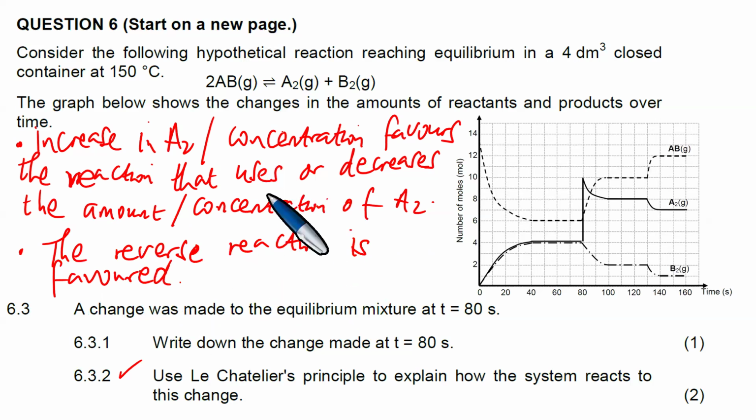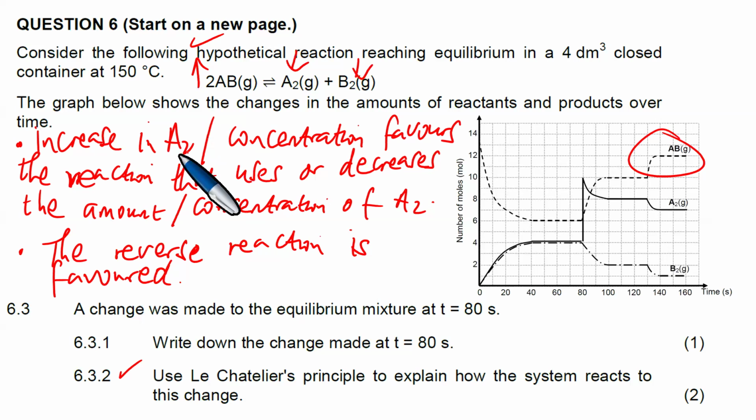So in other words, you can see that suddenly AB increased and A2 and B2 went down. So an increase in A2 concentration favors the reaction that uses or decreases the concentration of A2. The reverse reaction is favored. You can see the reverse reaction was favored because suddenly there was an increase in the reactant AB.